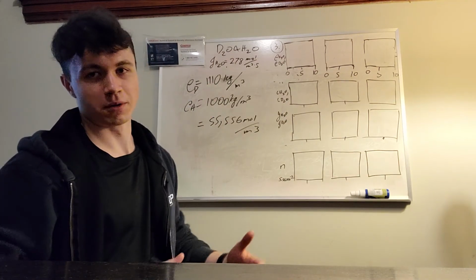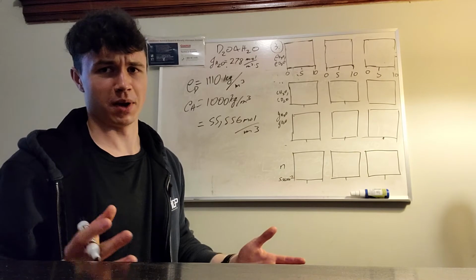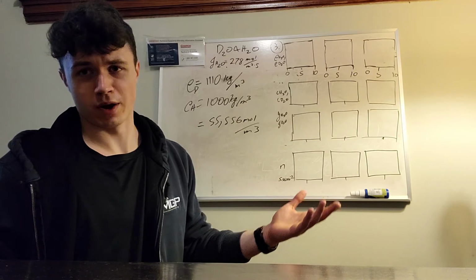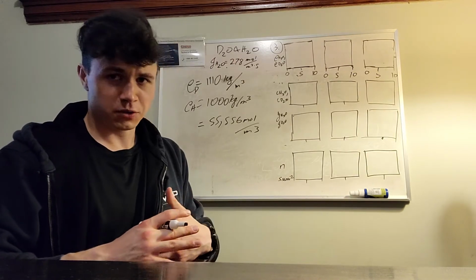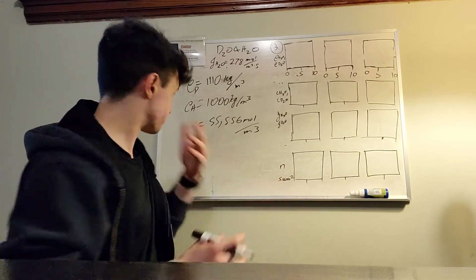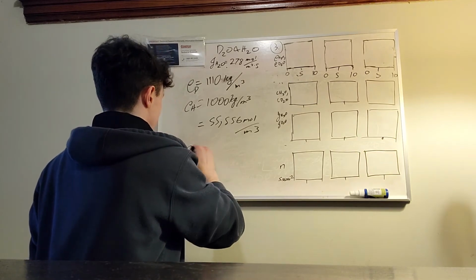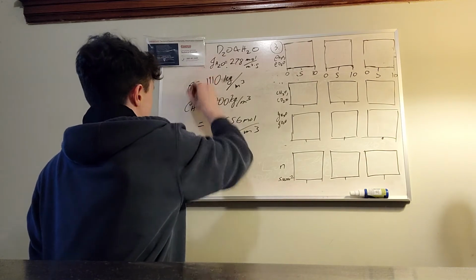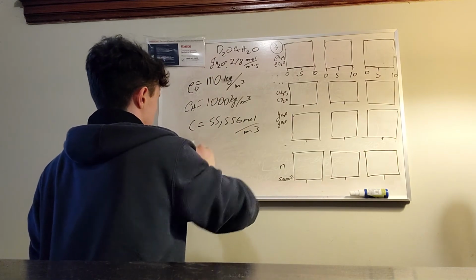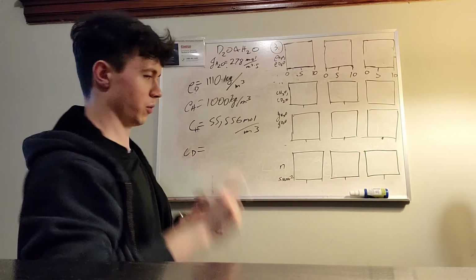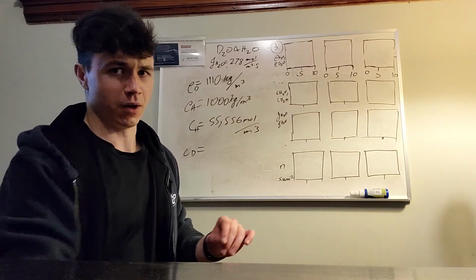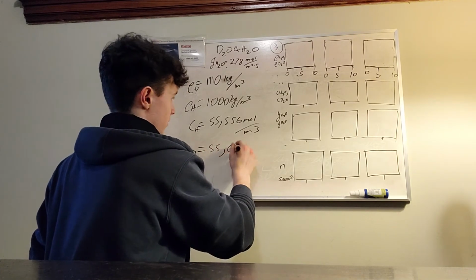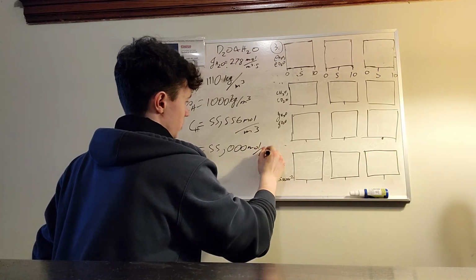But for deuterated water, all we have to do is divide by the molar mass of the deuterated water. And since the molar mass of the deuterated water is only 2 grams heavier, we know that the normal molar concentration of deuterated water is just 55,000 moles per meter cubed.